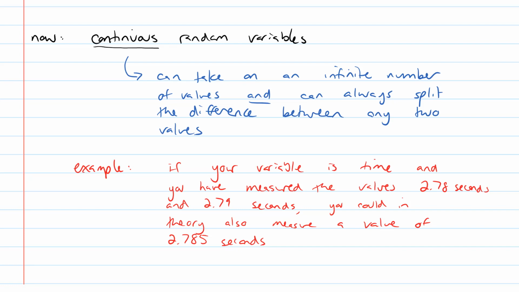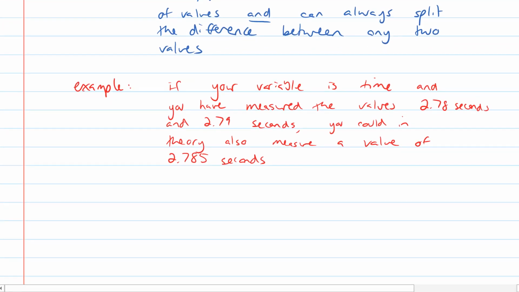So what does a probability distribution look like if you've now got an infinite number of values? Let's just write down that sentence.